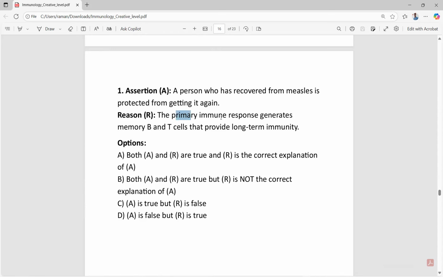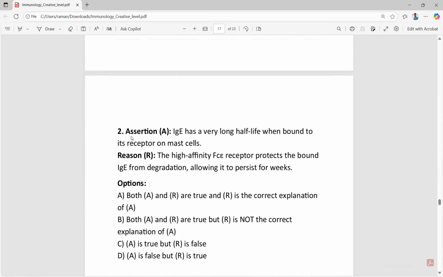The primary immune response generates memory B cells and T cells that provide long-term immunity. Both are correct, and the reason is the correct explanation for the assertion. So A is the right answer.